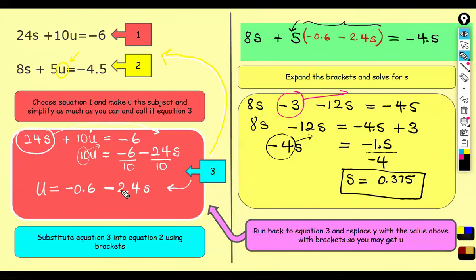Run to equation 3, right? And replace the S with what? 0.375. At least do that for me. Right? Place it here. Look at our letter S here. Throw away that S and replace it.